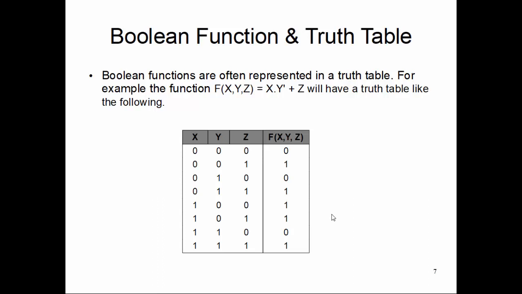One thing you need to be clear on here is that it's an alternate representation of a function. It is not that we always derive a truth table out of a function. It's either way, right? Either a function is represented as a Boolean expression or a truth table.